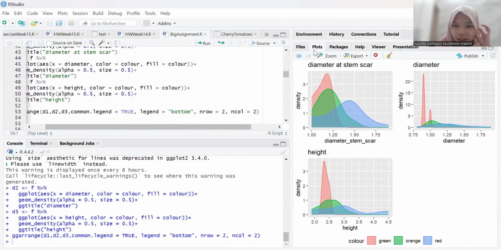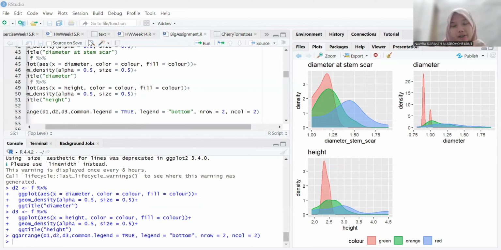This is a density plot, and as you can see, this density plot is categorized based on the color of the tomatoes. For diameter at stem scar, it is seen that red tomatoes have a pretty normal distribution, and the same goes with green and orange tomatoes.